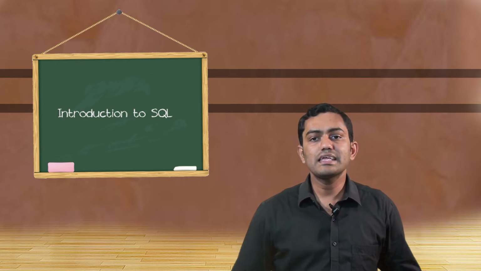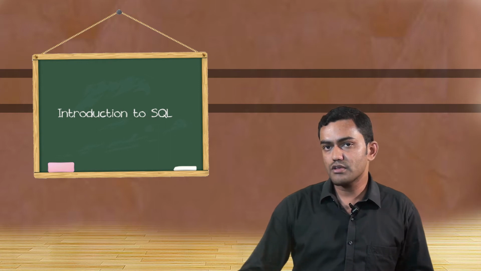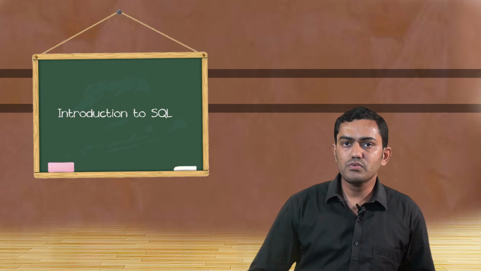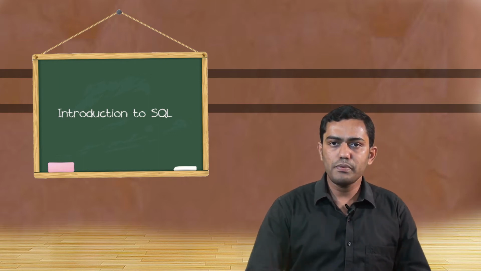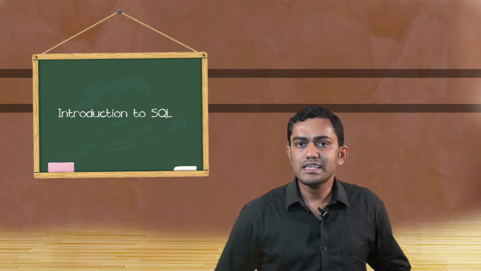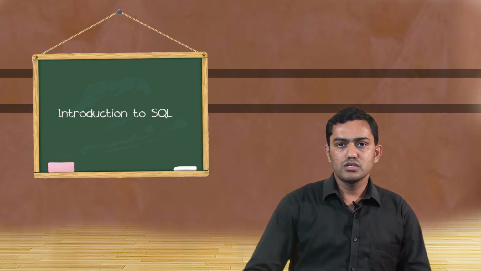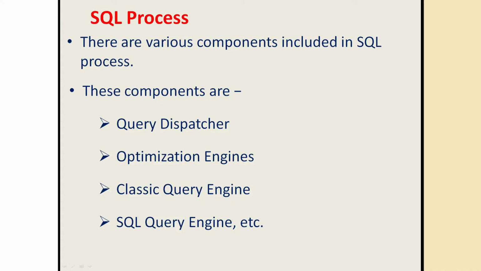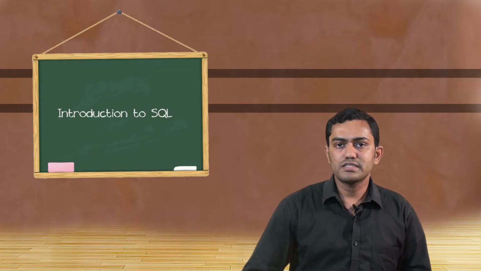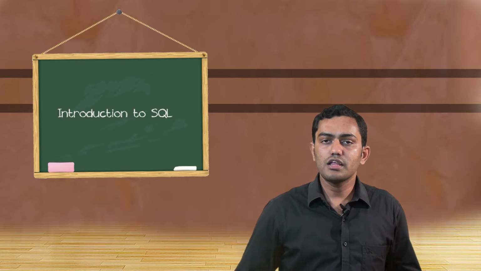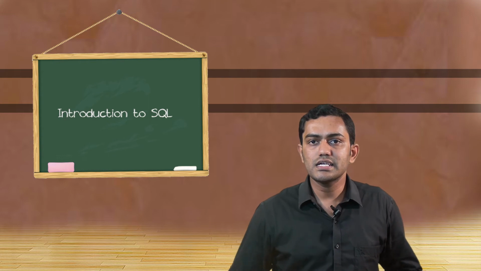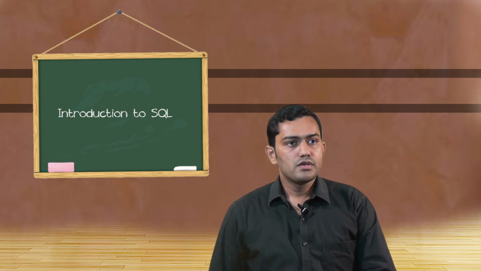Suppose you are creating a table; depending upon the query, it will check whether the syntax is correct or not. If the syntax is correct, it will create the table. Similarly, if you are viewing some data and you have written the query in correct syntax, it will display the data, or if you write an insert into command with correct syntax, it will insert a record into a table.